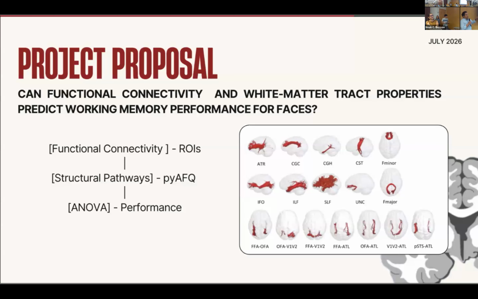So we ran functional and structural connectivity analyses on the tracts and other areas that we should expect to be correlated with face recognition abilities. So we tried structural pathways and functional connectivity in 2 ways, resting state and task state, when people were looking at faces and making judgments about whether they'd seen the faces before.